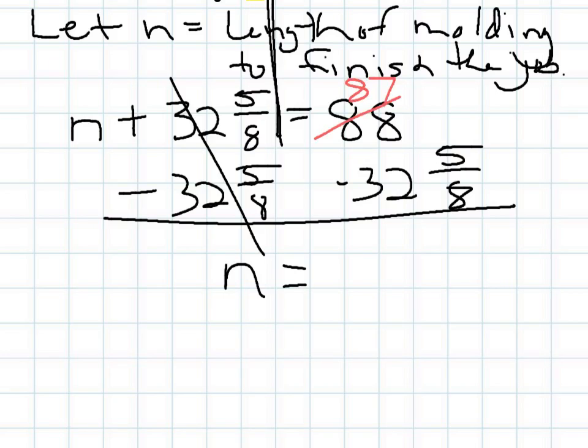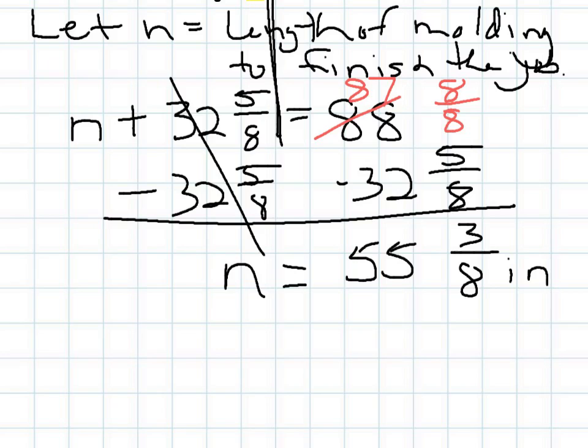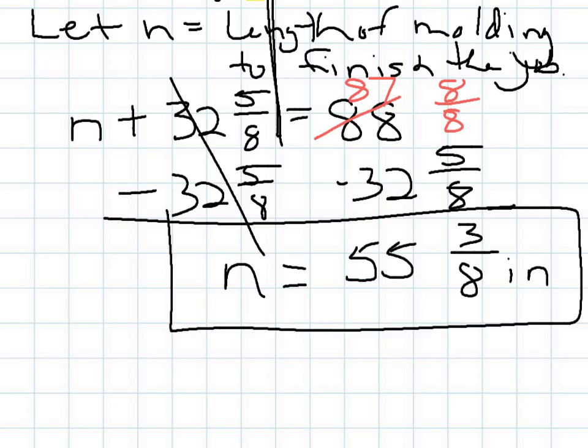And then we have 8 over 8. Remember, you always use whatever the denominator is that you have in your problem to determine what this fraction should be. So now we can continue and do our subtraction. 8 minus 5 is 3/8, and 87 minus 32 is 55. So the answer is 55 3/8 inches.